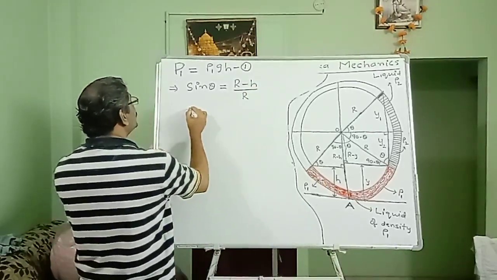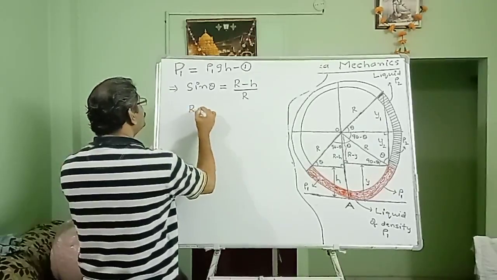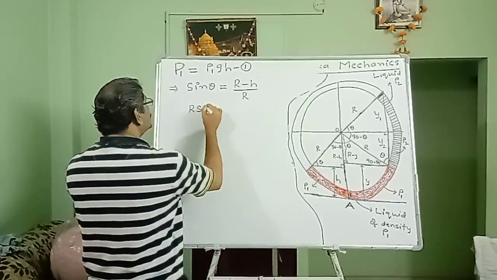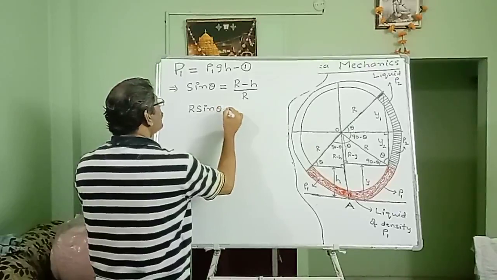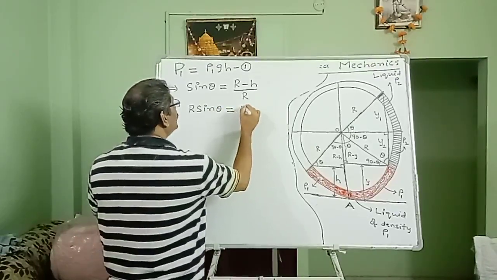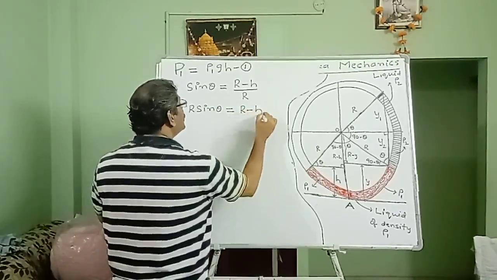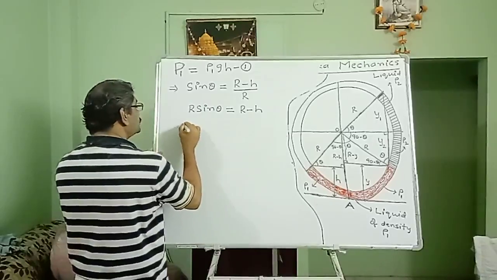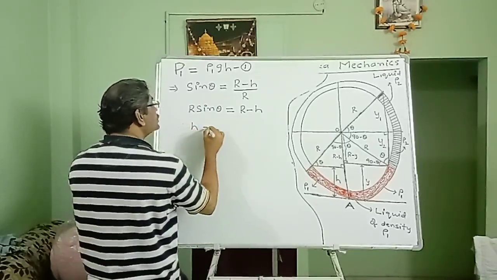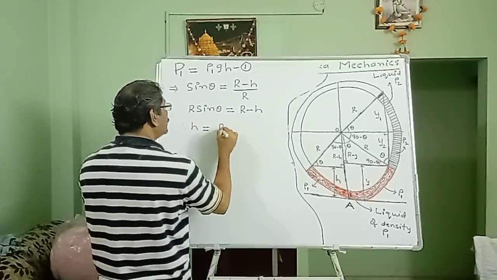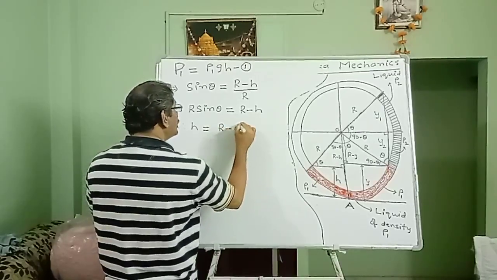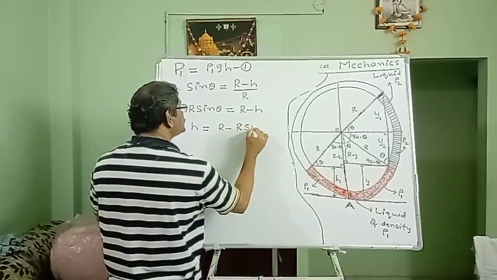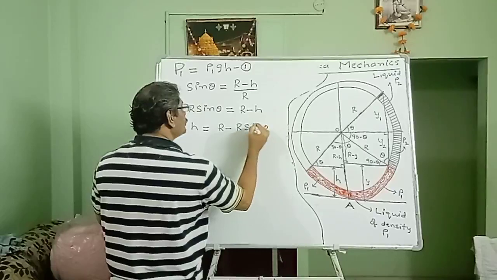So if you cross multiply, what you get? r sine theta will be numerically equal to r minus h. Therefore h will be numerically equal to r minus r sine theta.